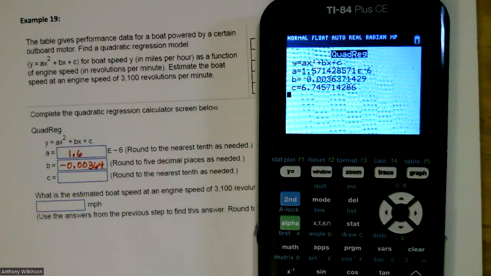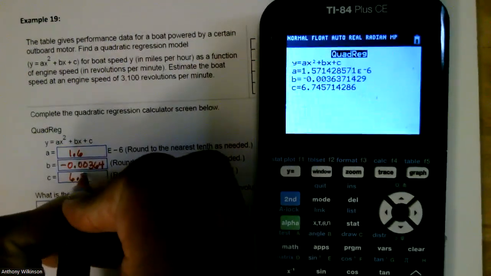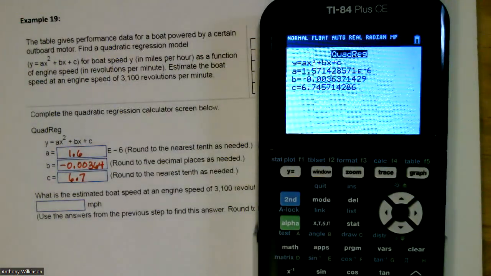And then for C, to the nearest tenth, to 1 decimal place, 6.7. All right. So that's how we find the quadratic regression equation.